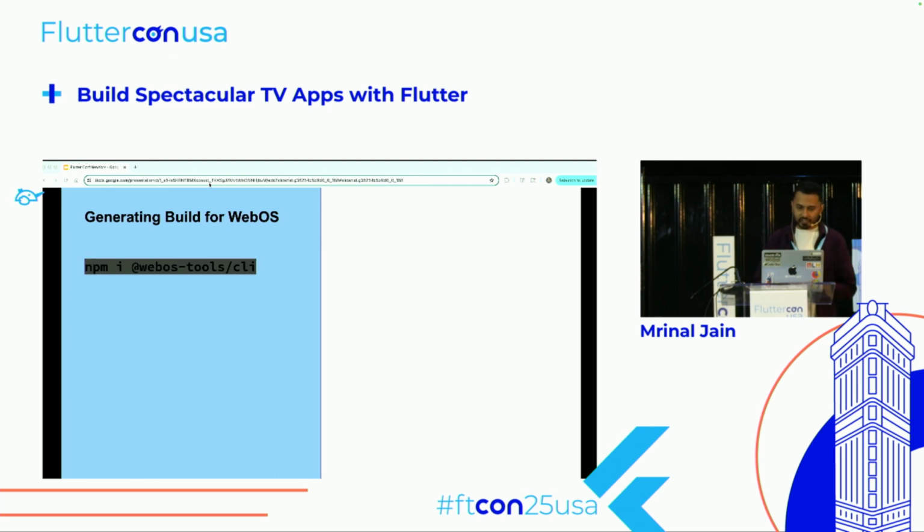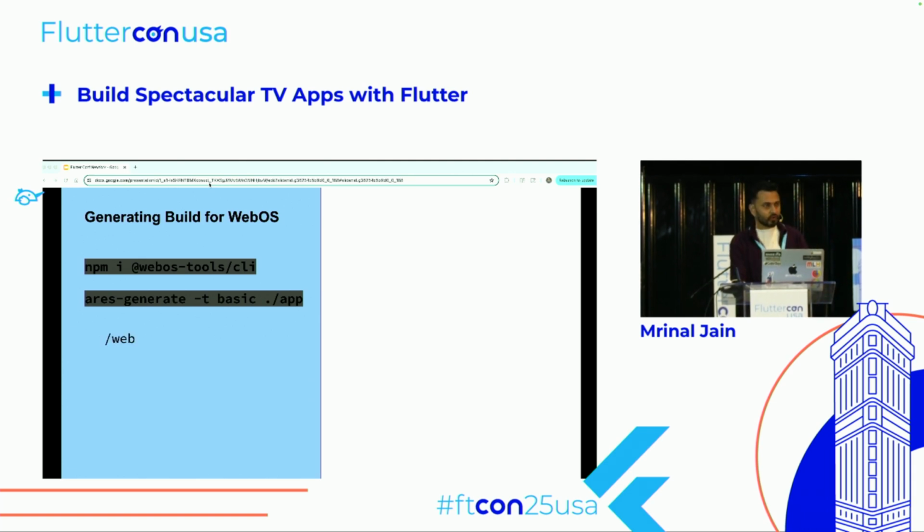So what we can do is download the webOS tools from the Node Package Manager. That is what we'll use for this particular option. Then we'll have to generate a basic application with the help of the ares-generate command. Now we'll have a basic web application in place. Now what we'll do is, inside the web folder of our Flutter application, there is a folder for every operating system.